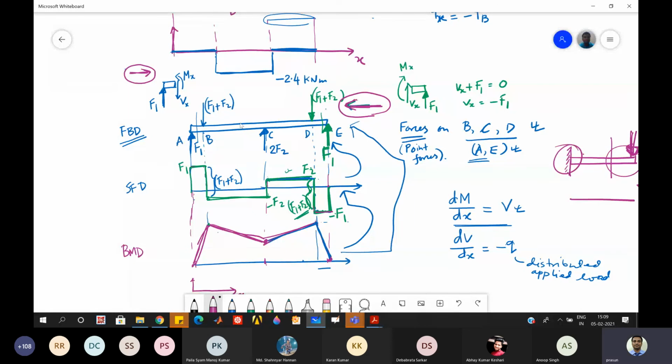You have to just replace some force by an appropriate boundary condition, right? So what can be the boundary condition? You got my question? So this is my FBD. Now I want a beam configuration.